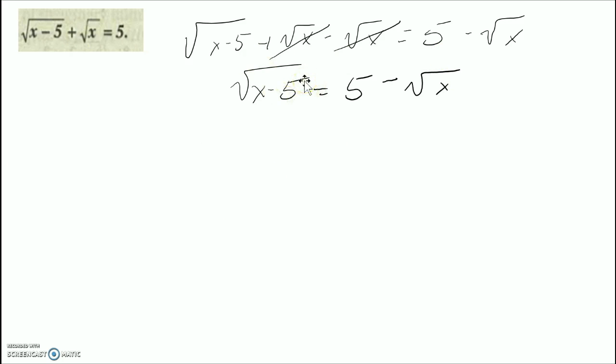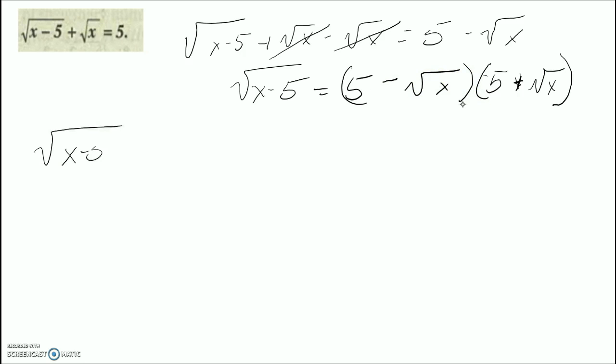So now our next step is to break this out. As we learned previously, to rationalize this, all we have to do is square it, multiplying it by itself, so 5 minus the square root of x times 5 minus the square root of x. We just FOIL this out, leaving us with the square root of x minus 5 equals 25 minus 10 the square root of x plus x.